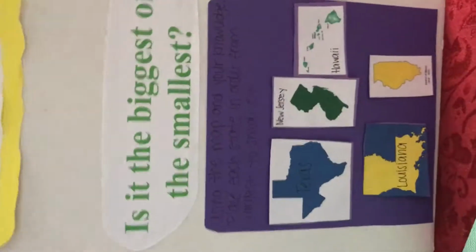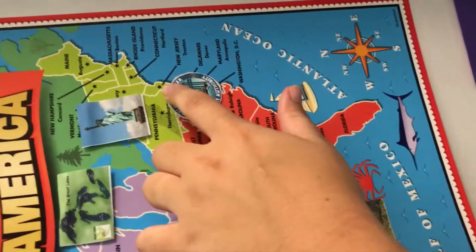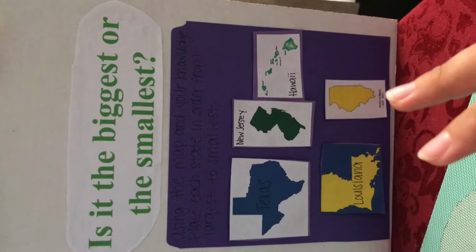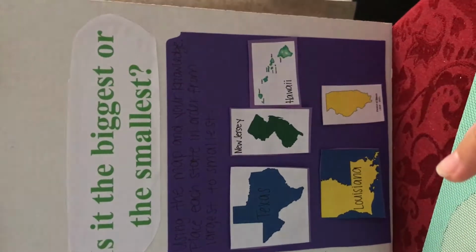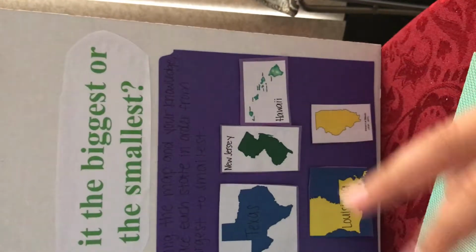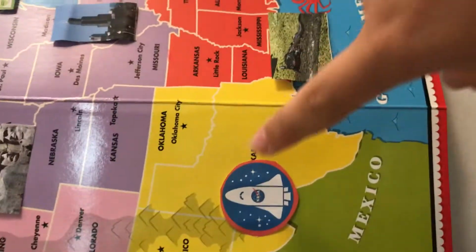Like I said, they want to use the map they have up here. Jersey's over here. They can see how small Jersey is compared to Texas. It's a huge thing for them to know, and through the reading text they did throughout the lessons, they should also know which ones are bigger than the others. Some might be close, like Louisiana and Texas, but once they actually look at the two states, they're like, oh yeah, it doesn't have a chance.